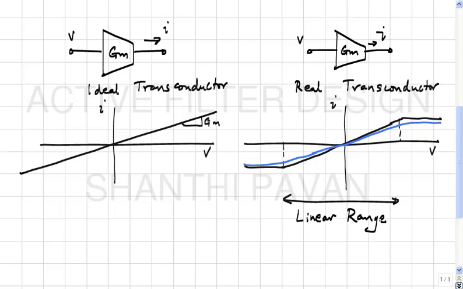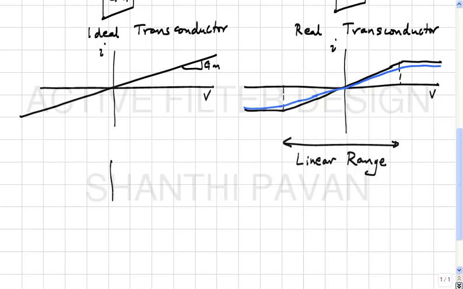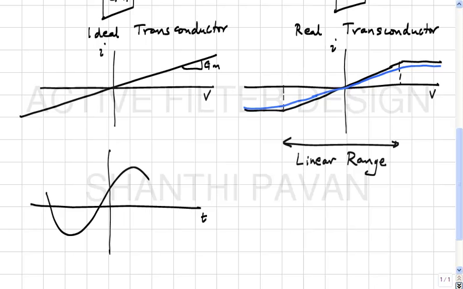Okay. So in other words, within the linear range, let's say the input to the transconductor was a function of time, and this was the input voltage to the transconductor, and this was the linear range.